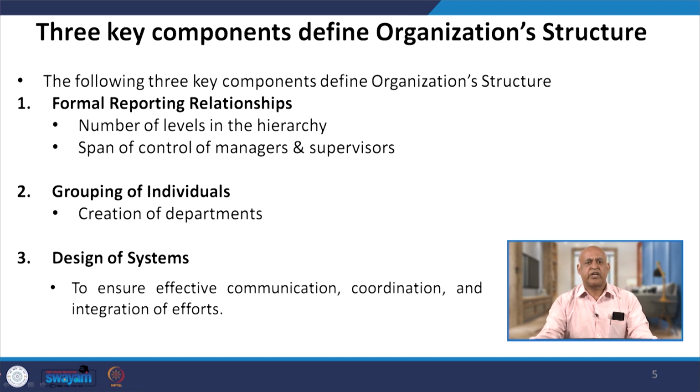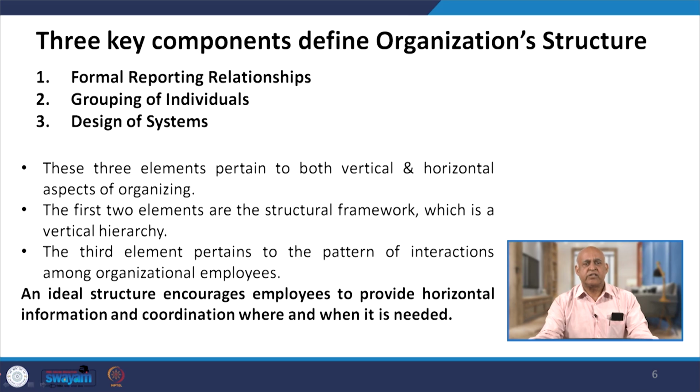Effective communication, coordination and integration of the efforts are ensured with the help of the organization structure. These three elements, the formal reporting relationship, grouping of individuals and design of systems, pertain to both the vertical and the horizontal aspects of organizing. The first two elements are the structural framework, which is the vertical hierarchy, and the third element pertains to the pattern of interactions among the organizational employees.